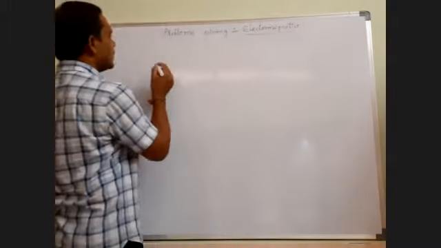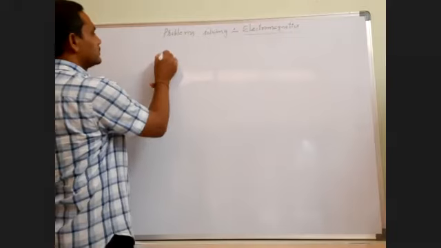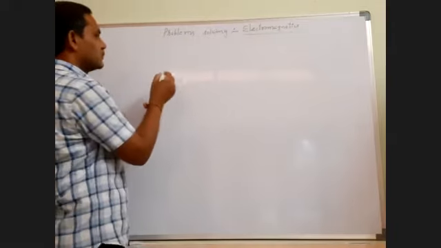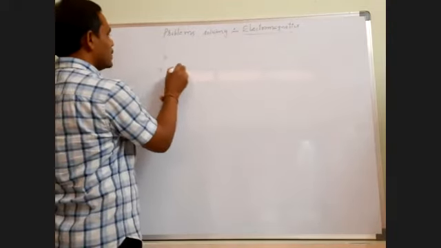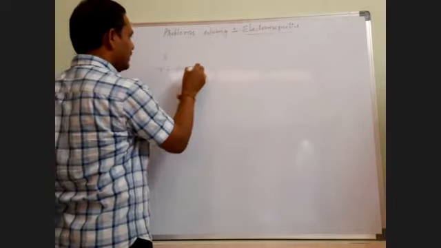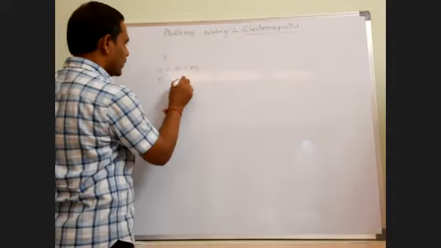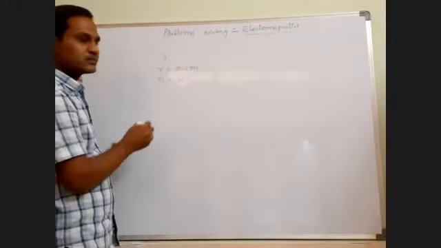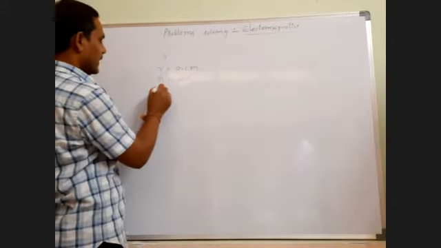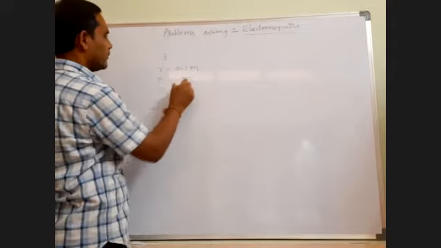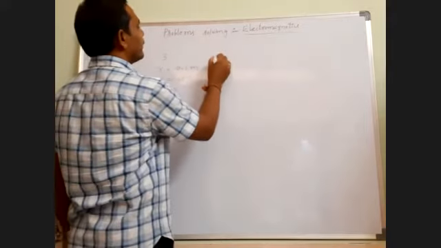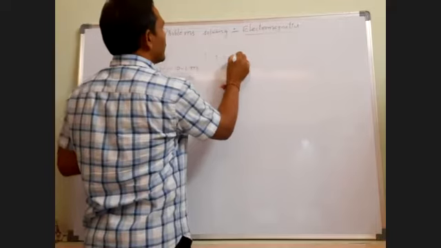Find the magnetic field due to a circular coil of radius 0.1 meter and having 100 turns, N equal to 100, at the center of the coil, when the current circulating in it is 500 milliampere.